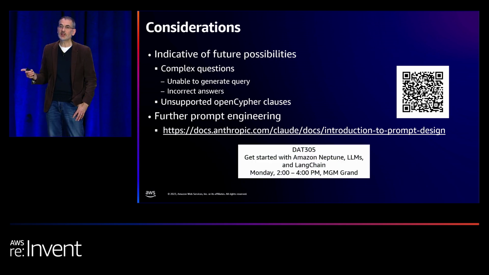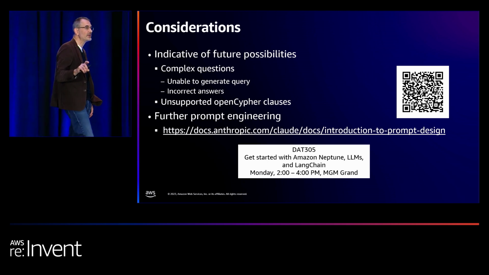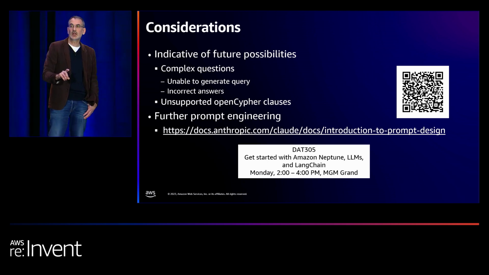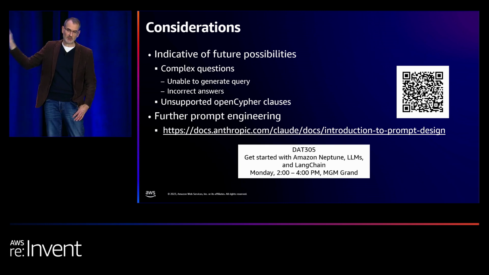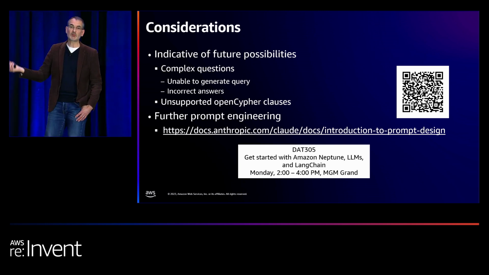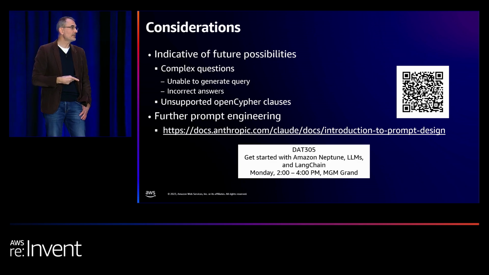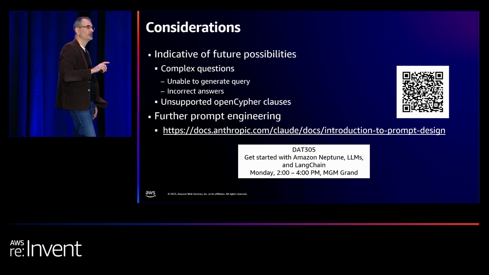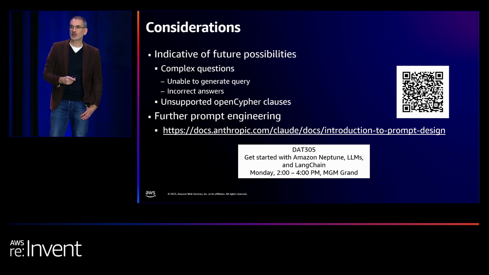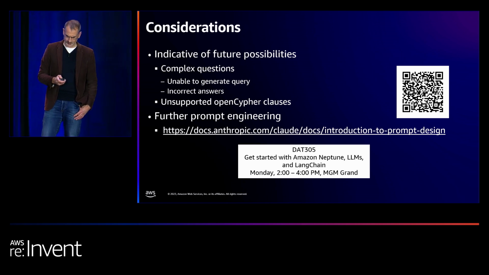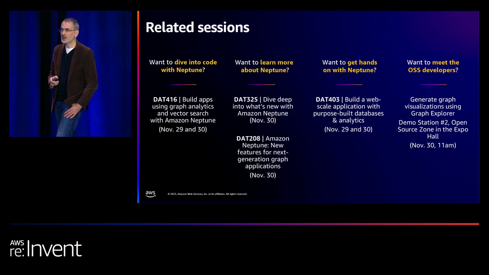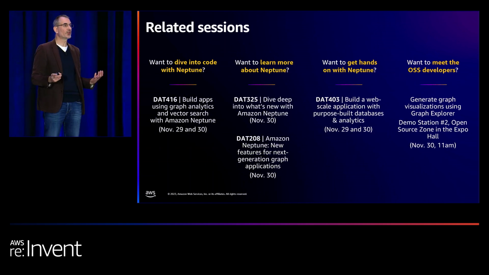So if you're interested in this, that's just a very brief introduction to some of the work that we've been doing. We've got a workshop this afternoon in the MGM Grand, getting started with Neptune, LLMs, and LangChain. I think it is fully booked up, but you can always queue and see whether there's a no-show or something like that. And then throughout the rest of the week, we've got lots and lots of other Neptune sessions.